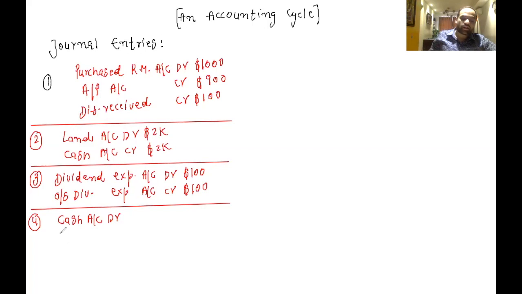And unearned income, it's a liability, right? Unearned income account credit. Amount is 2000 and 2000. Let's move on to the next if no question.